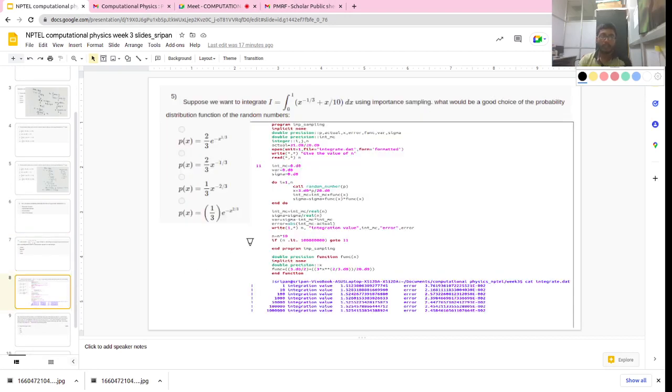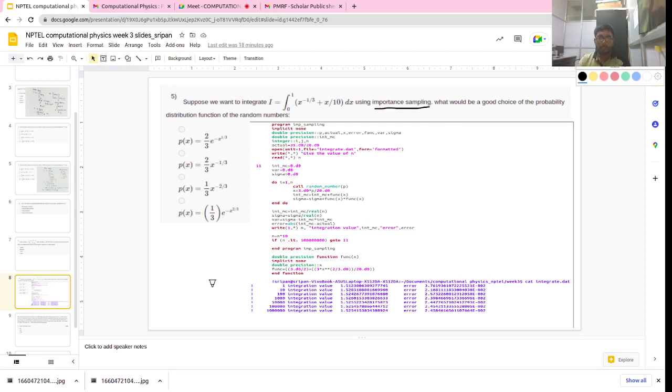So here the question is that suppose we want to integrate I equals the integral from 0 to 1 of x to the power minus 1/3 plus x by 10 dx using importance sampling. Again you have that importance sampling comes in. So what would be a good choice of the probability distribution function of the random numbers?